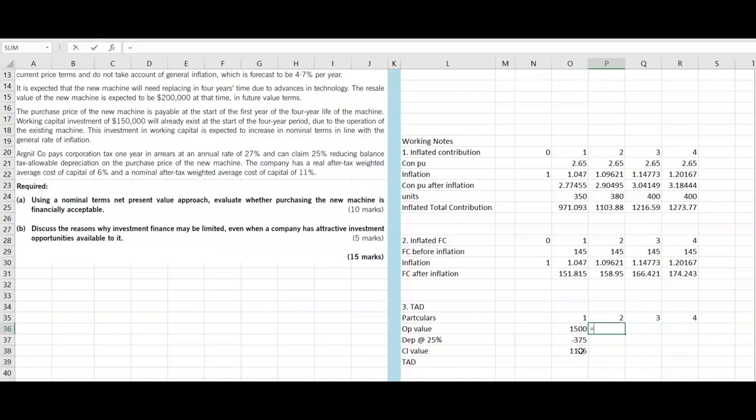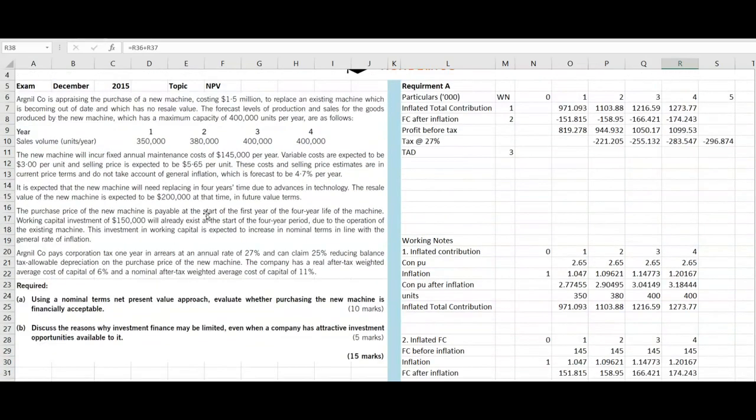The opening value of the second year is the closing value of the first year. So we take that. The depreciation calculation is the same, so you can just take that. Closing value calculation is the same, you can take that also. So now you copy it and you can paste it for the 3rd and 4th year. So you got all the numbers, but the problem is there is a resale value.